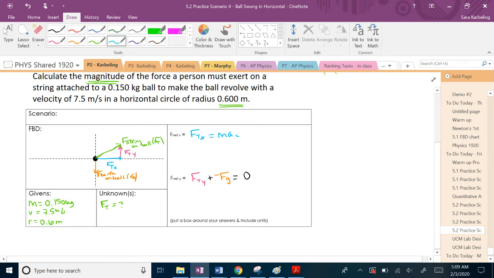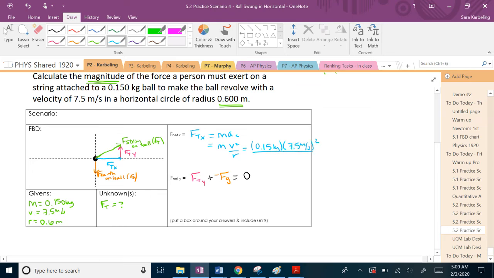So Ftx is equal to m times a sub c, and we know m, and we can figure out a sub c because we know that the centripetal acceleration is v squared over r. So Ftx then, let's just go ahead and plug in some numbers, 0.15 kilograms times 7.5 meters per second.